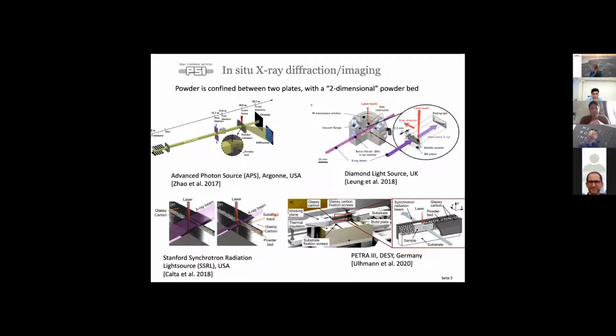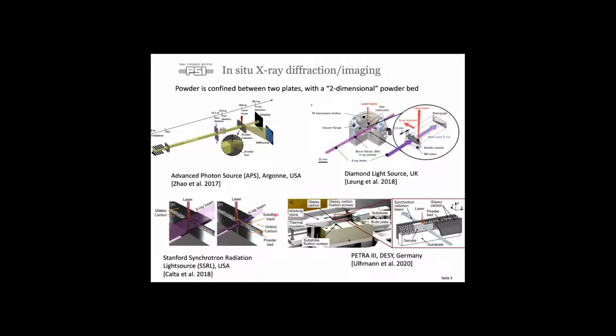Then with high energy X-rays, we shoot in transmission through the sample and use imaging or diffraction to investigate what is happening in the sample. Of course, this is 2-dimensional, and this can have some artifacts that really do not represent what is happening in a 3-dimensional case. Therefore, we decided a few years ago to build a true 3D printer that mimics really what is happening in commercial devices.